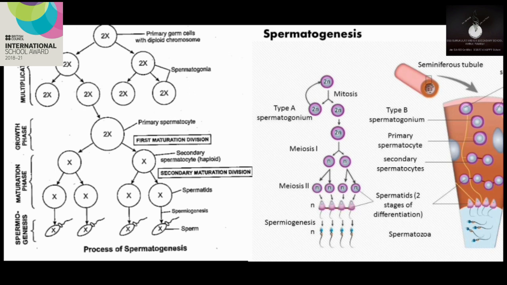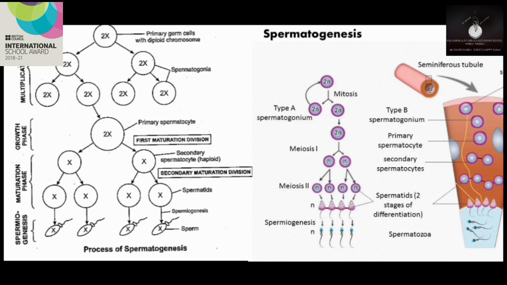During the time of multiplication phase, the primary germ cells, which can be seen on the inner wall of the seminiferous tubule of the testis, will undergo mitotic division. As a result of this mitotic division, a large number of cells, spermatogonia cells, will form. These spermatogonia cells may contain 2 types of cells, that is type A and type B cells.